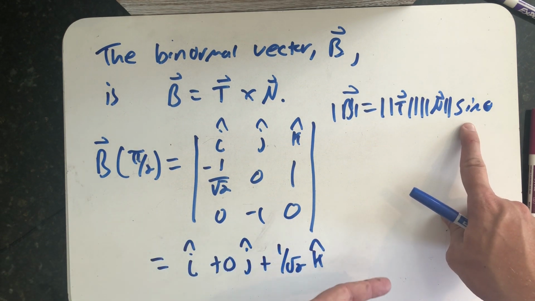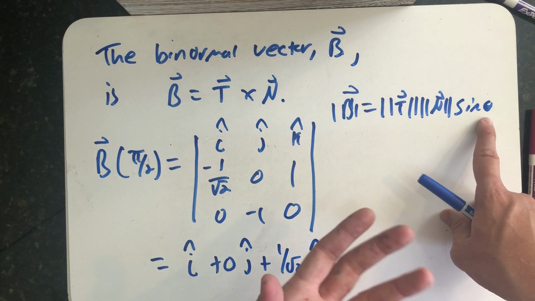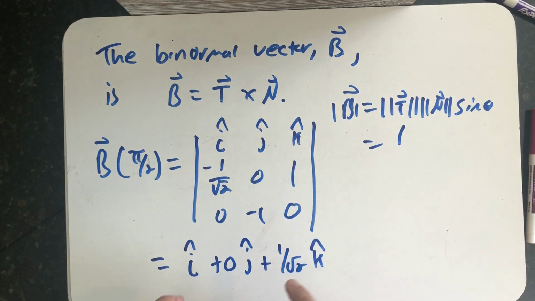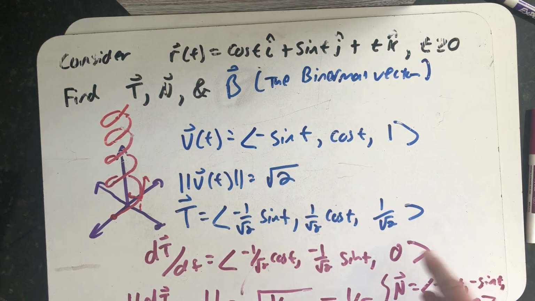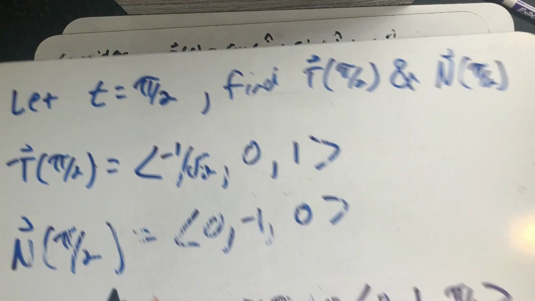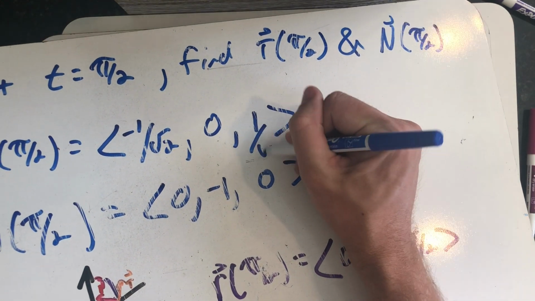Well, the angle between t and n is pi halves, so sine of pi halves is 1. These are unit vectors. 1 times 1 times 1 is 1. So I've made a mistake, and I'd like to find that mistake. And I think I know where it is. When I wrote down t, I copied it down wrong. Right? I wrote a 1 here, and it should have been a 1 over root 2.